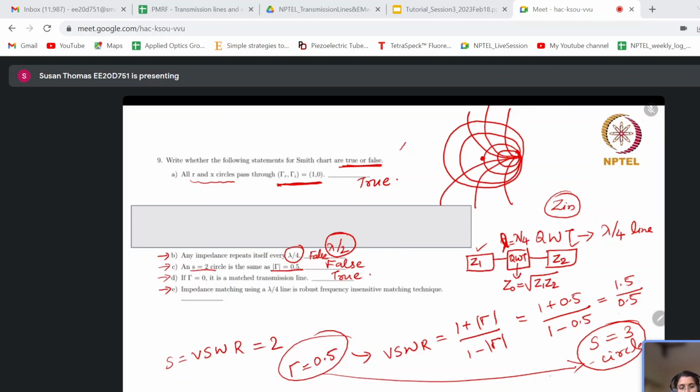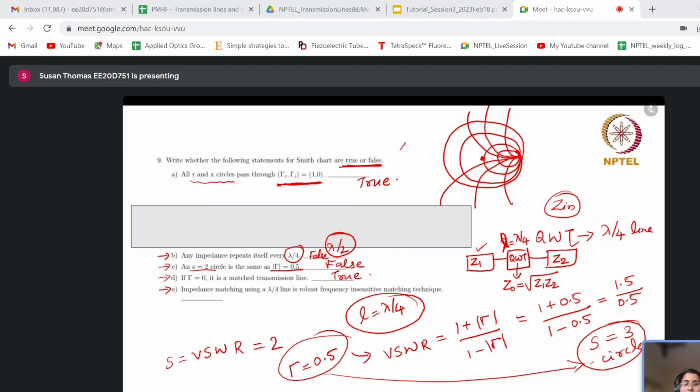When we say that the length is lambda by 4, it is clear that it is a frequency sensitive matching technique. Once the wavelength changes, there will be a difference in the length of the transmission line required.